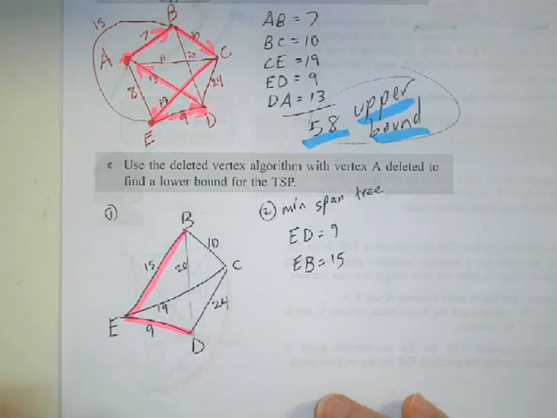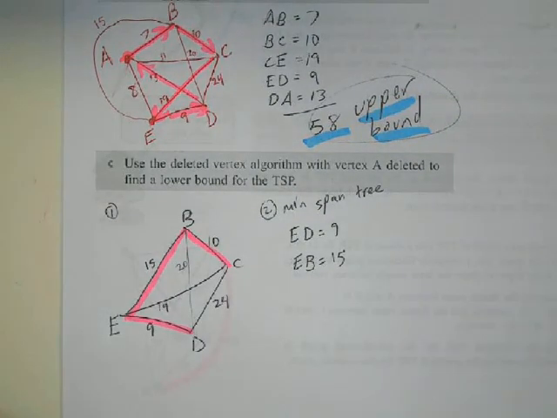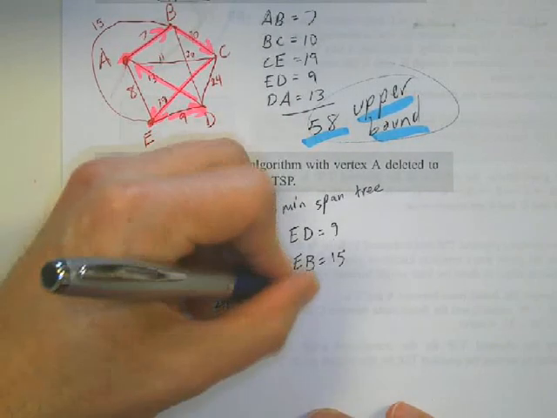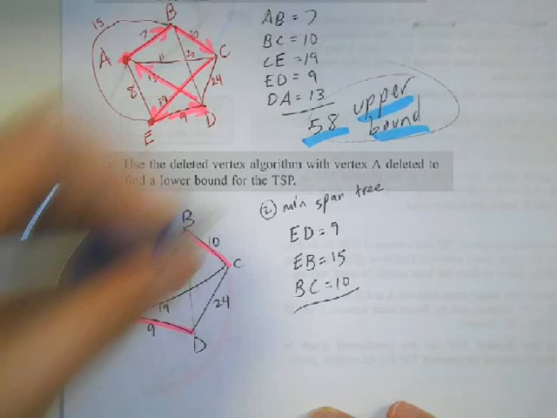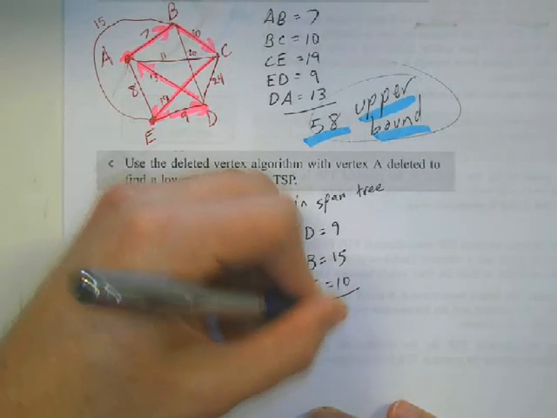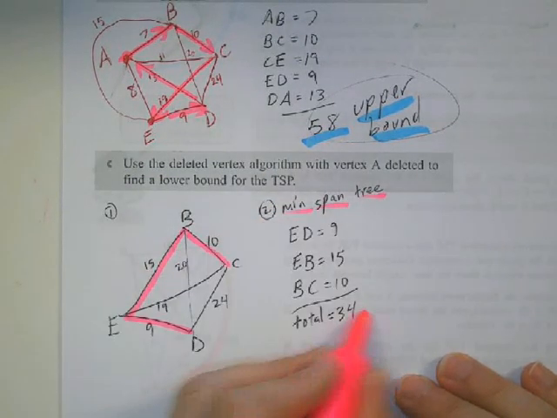And then lastly, B to C looks next, and now I've visited all the points. So B to C, which equals 10. So our minimum spanning tree total is 34.